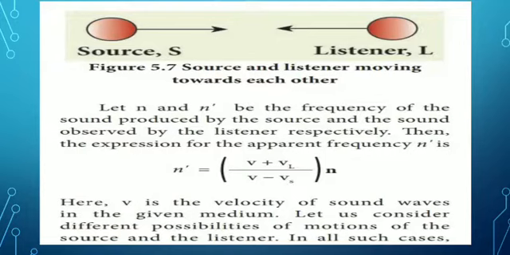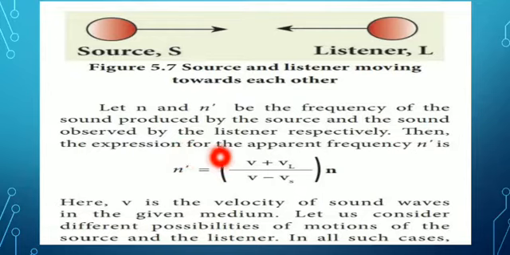See this: suppose this is the source, let us assume a train, and this is the listener, yourself. Here n and n dash are the frequency of sound produced by the source and the frequency of sound heard by the listener. n is the frequency produced by the source, and n dash is the apparent frequency heard by the listener.